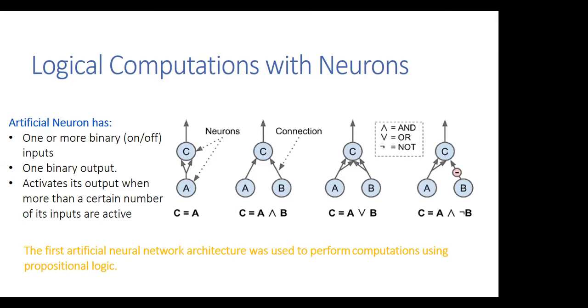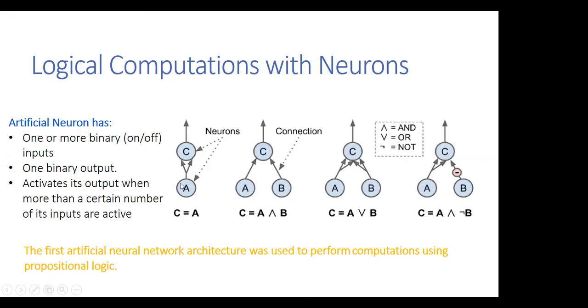So here you can see 4 models, and we assume that C, which is the output neuron, activates when it receives 2 signals. The first one is the identity logic.